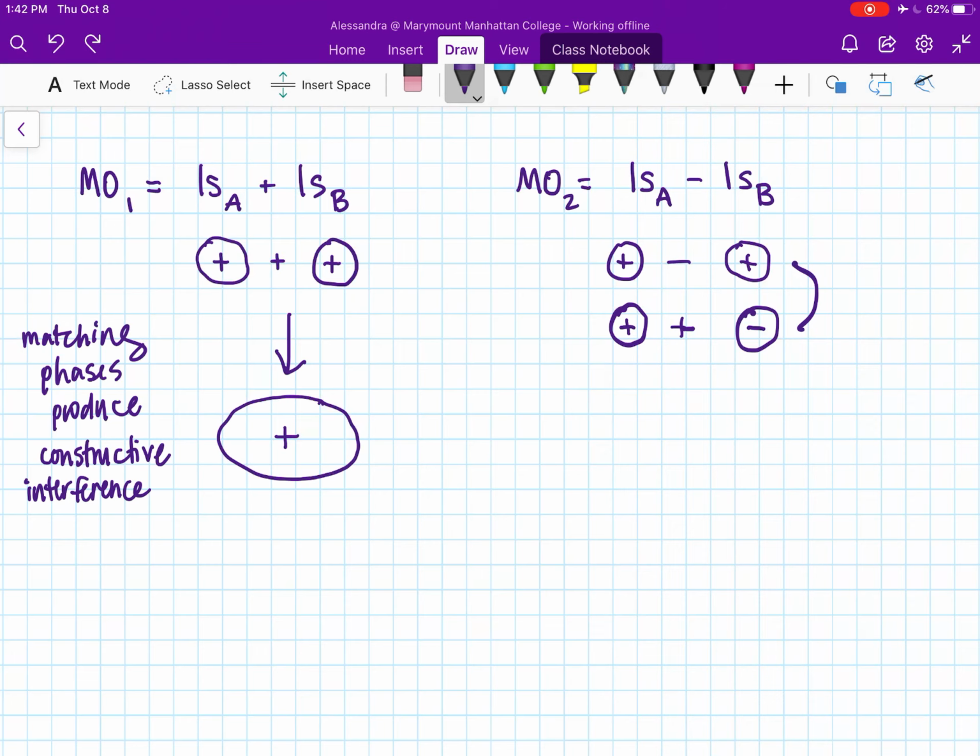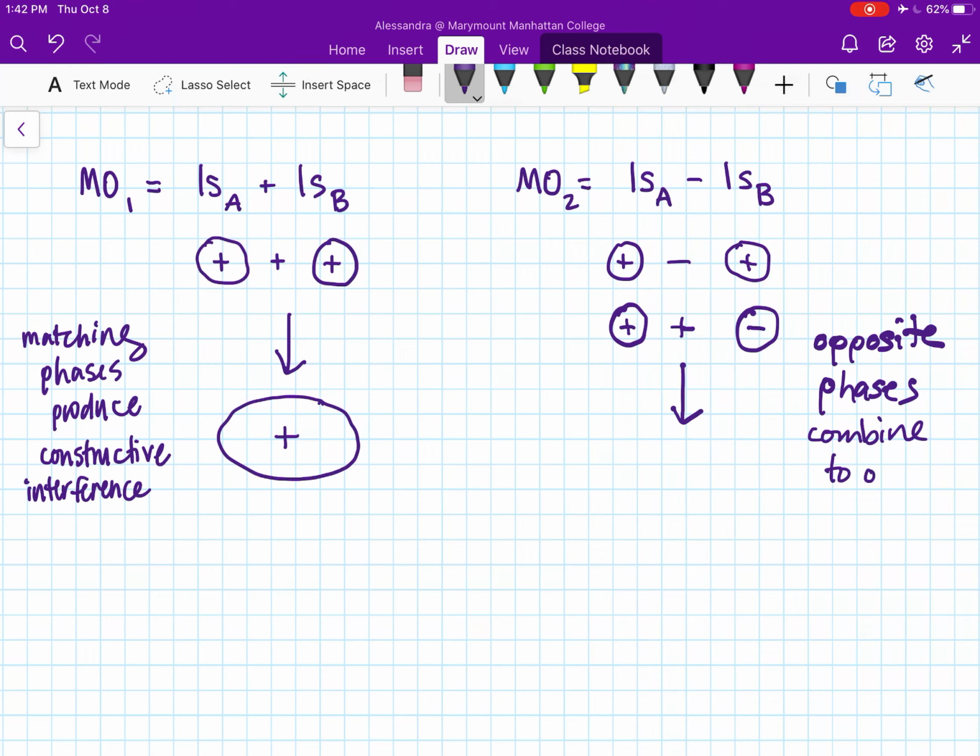So if I do that, what happens? Well, imagine that these are approaching each other. There's going to be destructive interference because I'm adding together opposite phases. So when opposite phases combine, they combine to produce destructive interference.